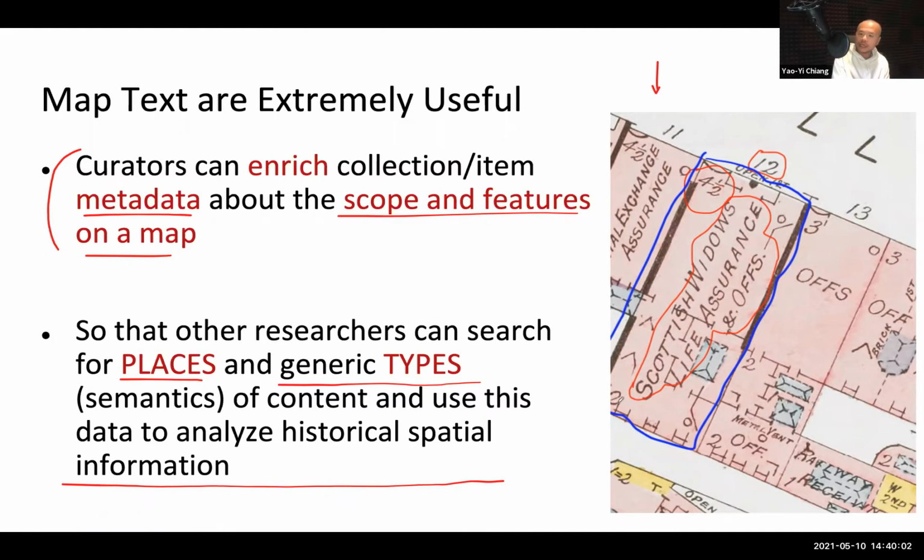So this is Scottish Widows Life Assurance Office. It tells you the street number, the office boundary, the length of the store front, and building materials, stairs, and many, many important pieces of information to tell you the geographic context of a location, how humans live in that environment.